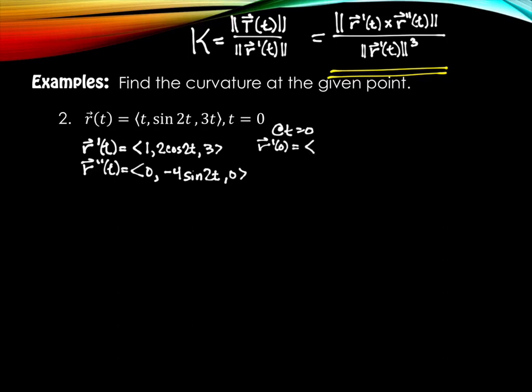If I put 0 into the 1, 2 cosine 2t, and the 3, what is the vector that I get? 1, 2, 3. And if I put 0 into the second derivative, I get straight zeros. That's nice.